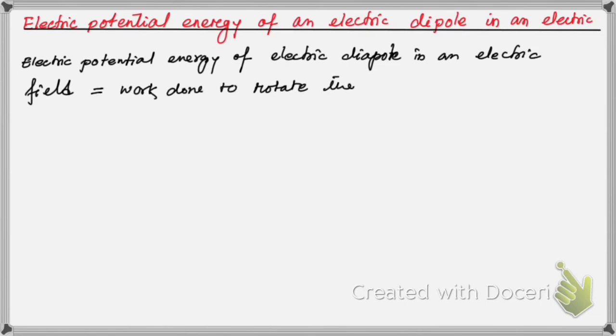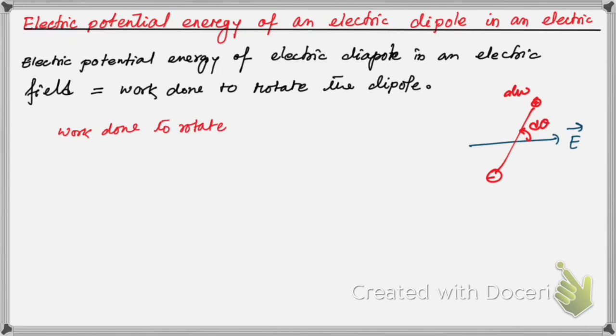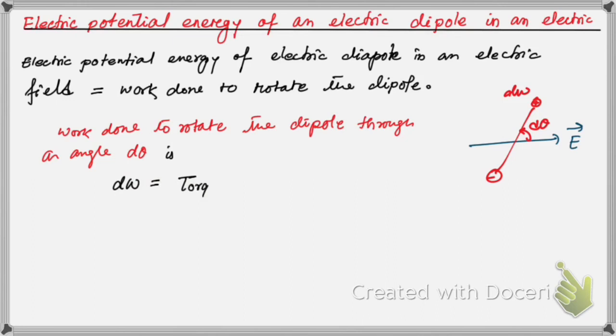Suppose this is the electric field, this is the dipole, and it is being rotated through a very small angle d theta, and work done is dW. Then work done to rotate it through an angle d theta is given by dW equal to the torque acting on it into d theta.